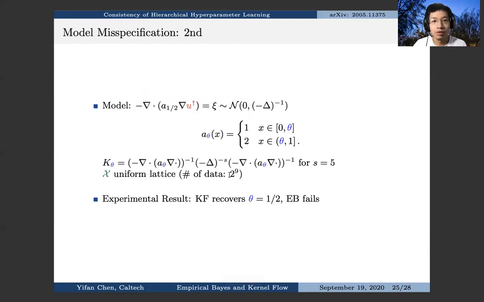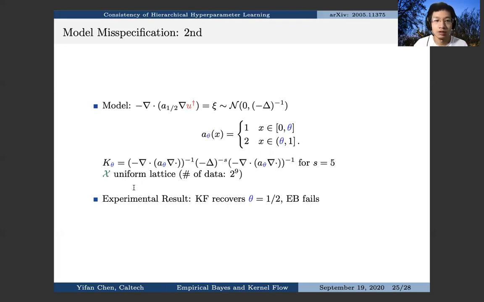In our second example, we consider a counterpart of our well-specified model. We consider U dagger drawn from stochastic partial differential equations, with the setup as before. But for the kernel k theta used to define the estimators, we didn't use the previous one. The previous one chose s equal to 1 so that it's well specified. However, here we choose s equal to 5, so it's not well specified.